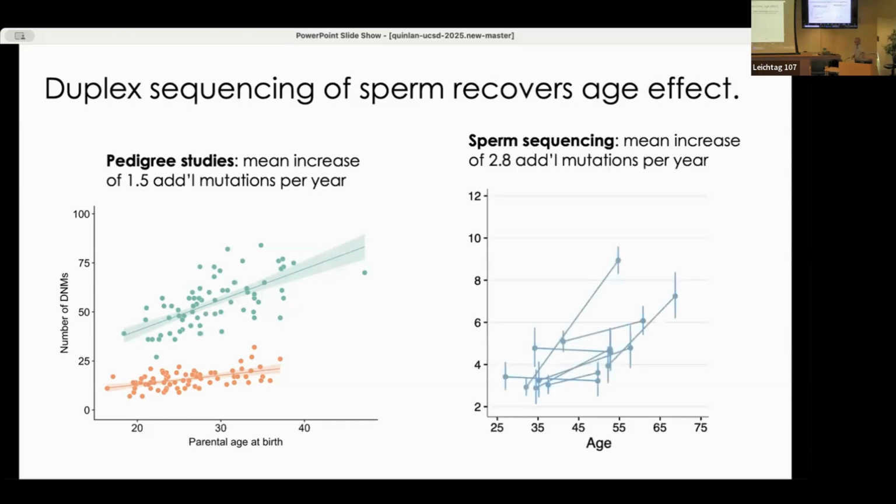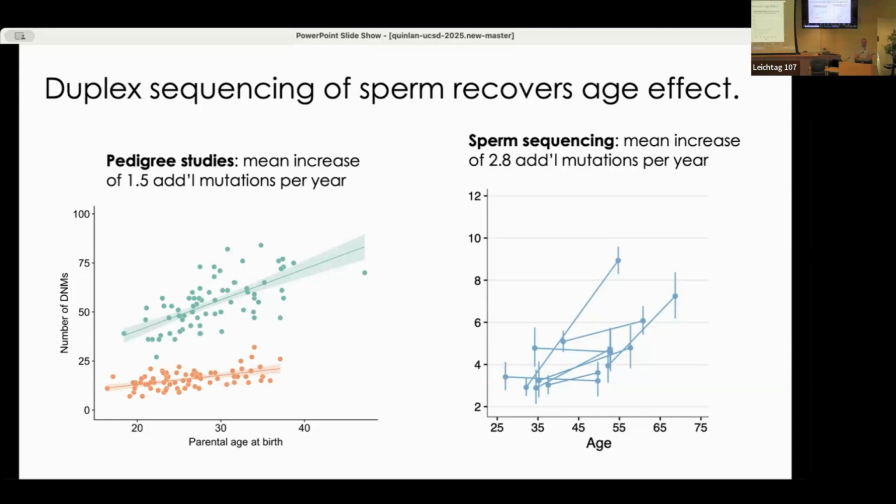Now, when we look at some of our cohort, the normally fertile men, we had 2 time points. We had a sperm sample. It's kind of a special cohort. We have sperm samples separated by between 10 and 20 years for these men. And what you can see for the most part is there is an increase. There's a couple of men where there's a decrease, which is a little surprising, quite obviously.